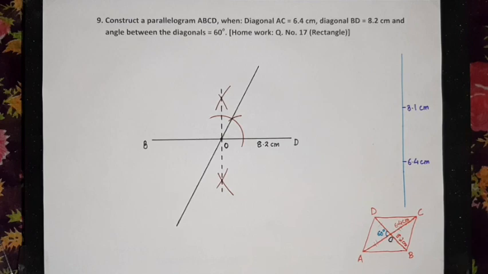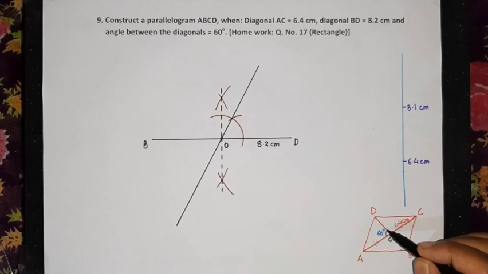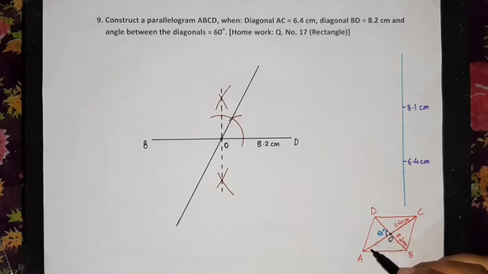As of now we have seen this line is drawn, this angle is drawn, and we have plotted our midpoint as well. Now let us see how much this is going to be.